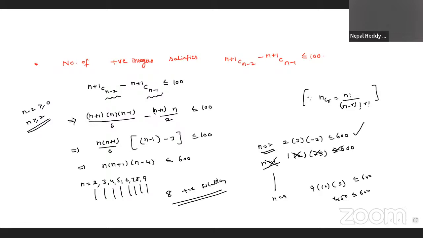Next, suppose the question is: in how many ways can a team of three boys and 4 girls be formed among 5 boys and 6 girls?